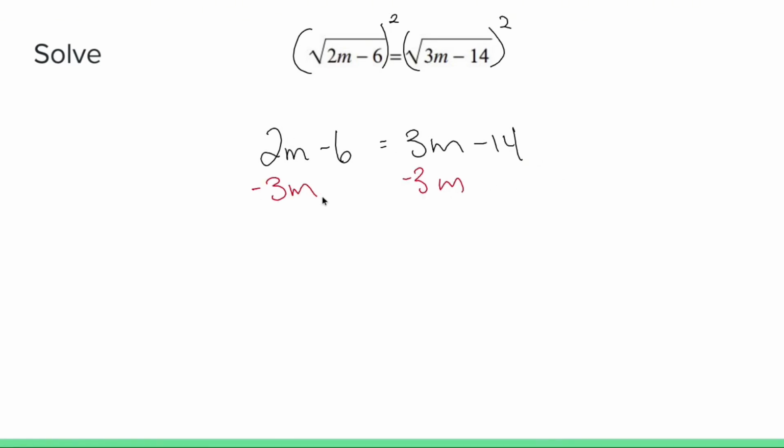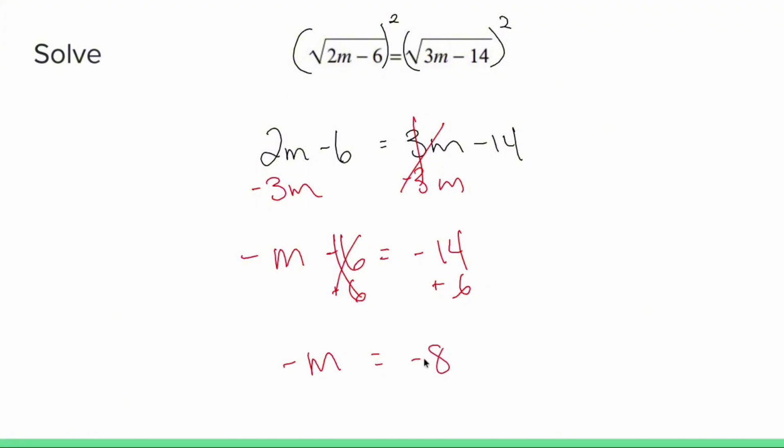That gets me negative m minus 6 equals negative 14. Let's add 6. And that's going to be negative m equals, nope, negative 8. And if negative m is negative 8, then positive m is positive 8.